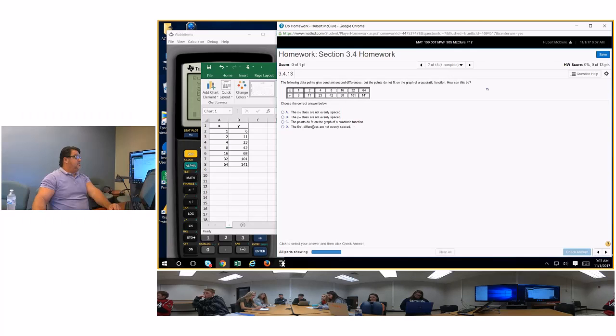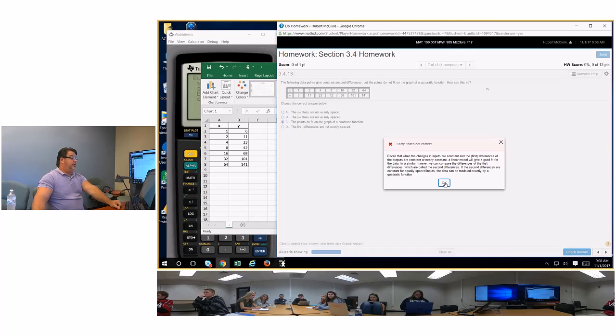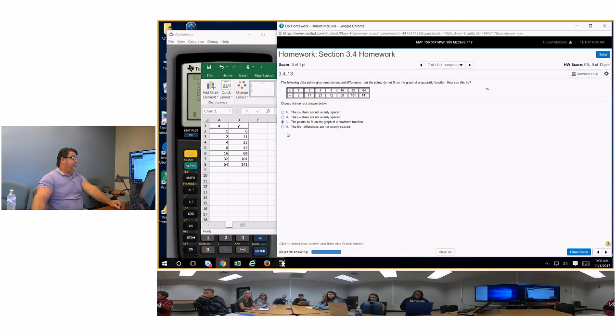The first differences are not evenly spaced. I have no idea what they're asking here. The points do fit the graph of a quadratic. I'll say C. No, that's not correct. What a surprise. I'm just going to guess because I have no idea what they're asking. Answer's A.